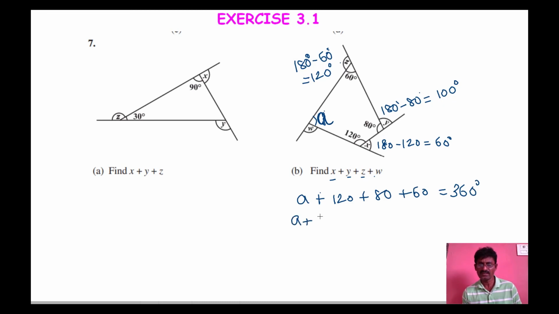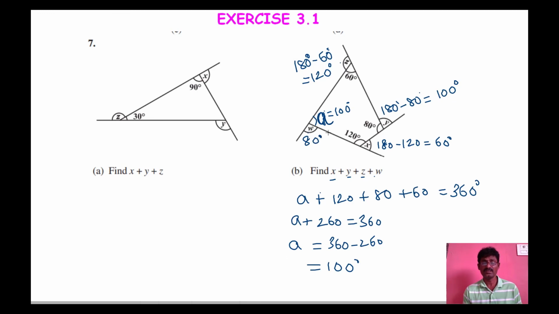So A plus 120 plus 80 means 200, plus 60, 260, equal to 360. So from this, A equal to 360 minus 260, which is equal to 100 degrees. If A is 100 degrees, then w will be equal to 180 minus 100, which is equal to 80.